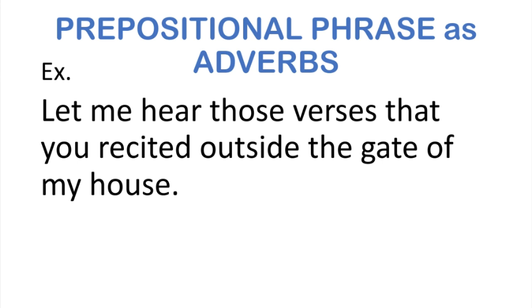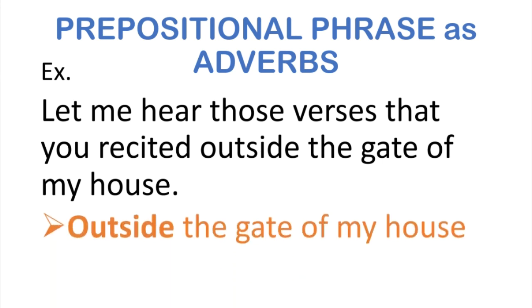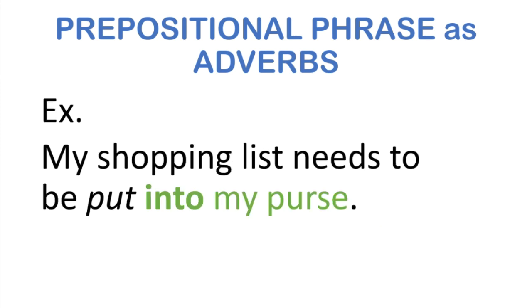So what is the prepositional phrase? Outside the gate of my house, and it is modifying the verb recited. Next, my shopping list needs to be put into my purse. So into my purse is the prepositional phrase and it is modifying the verb put.